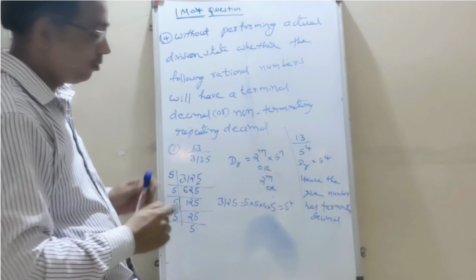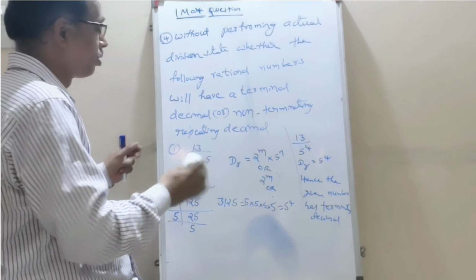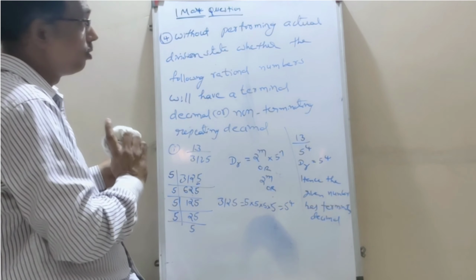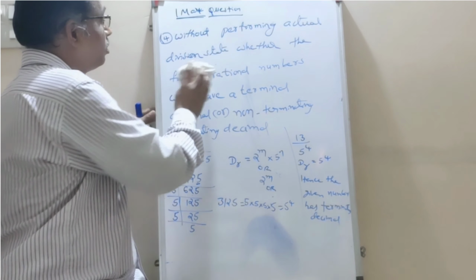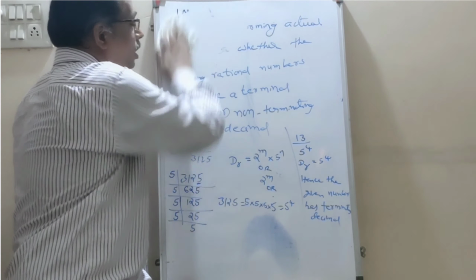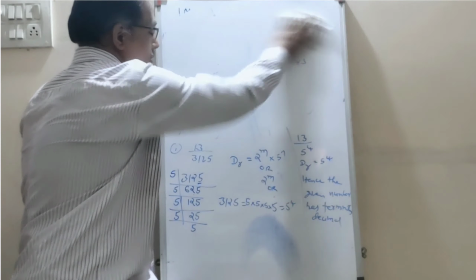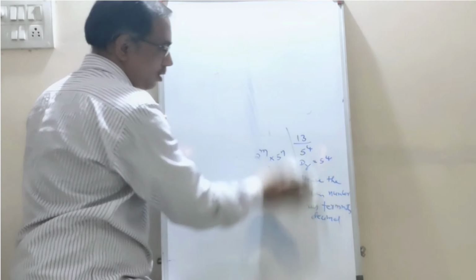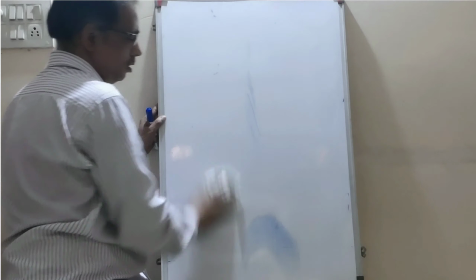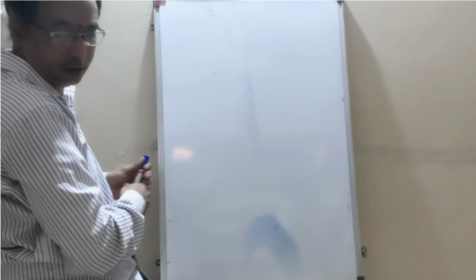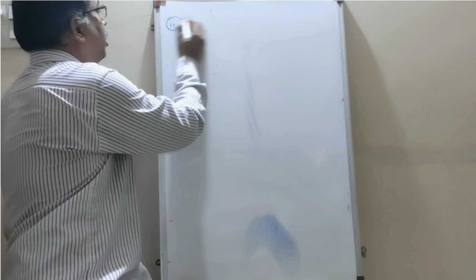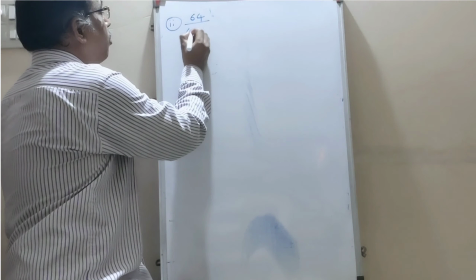Okay, and one more sum. So I think you note down the question. So now here 64 by 455.